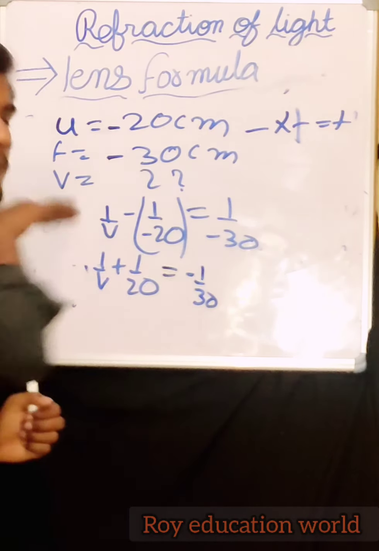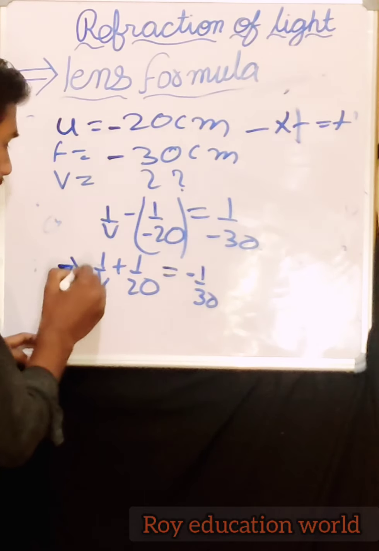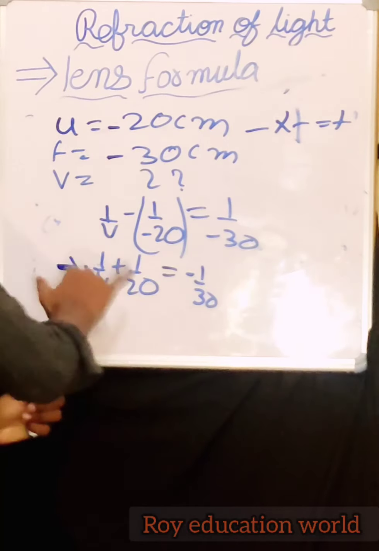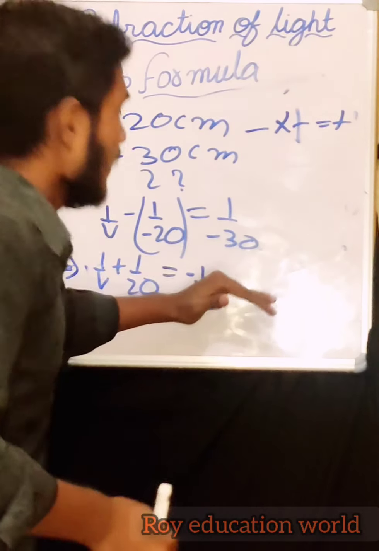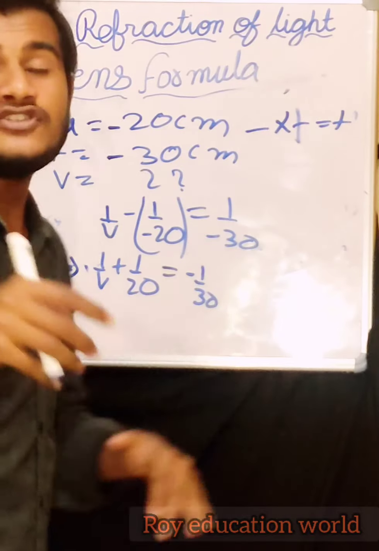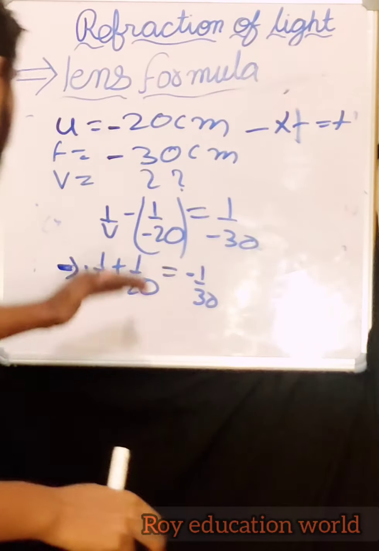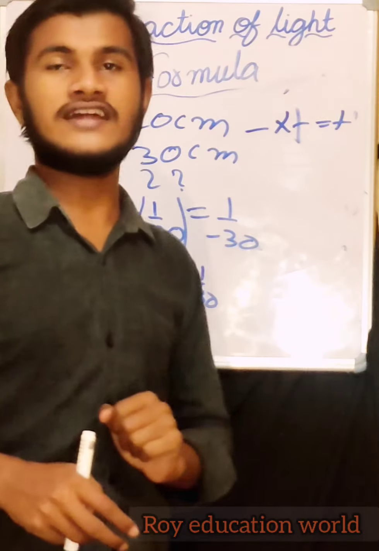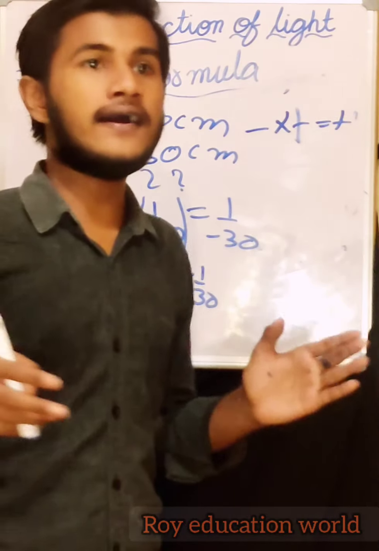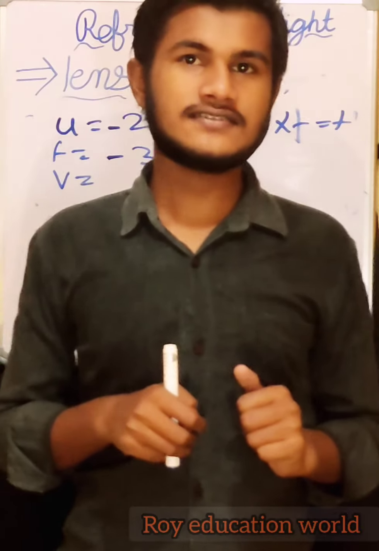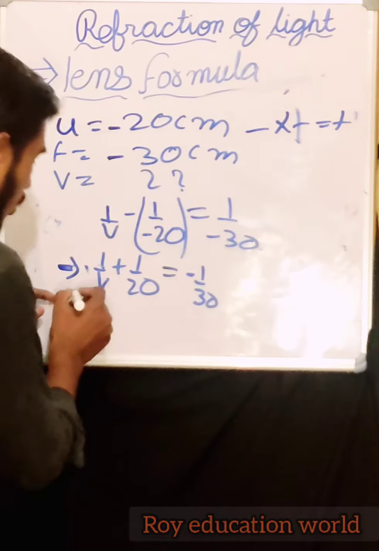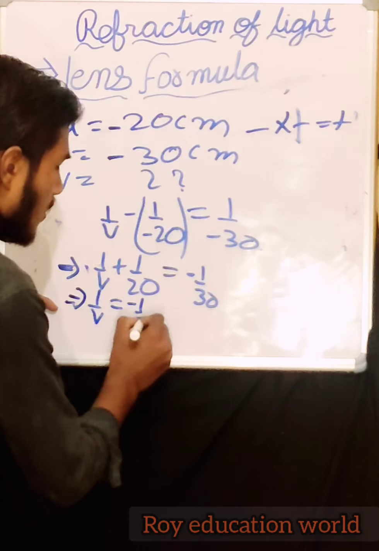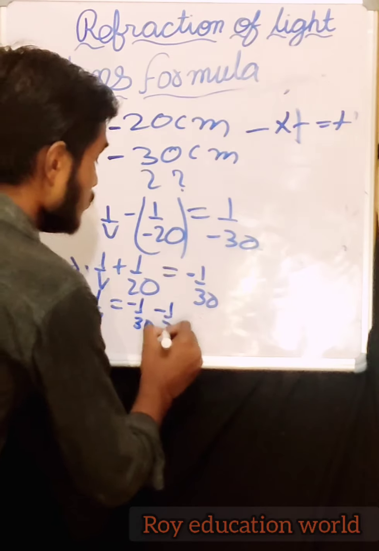We know that whenever it is plus on this side, when it goes to the other side, it is going to be subtract. And if it is subtract on this side, then it is going to add on that side. We read it in mathematics. So here 1 by v is going to be minus 1 by 30 minus 1 by 20.